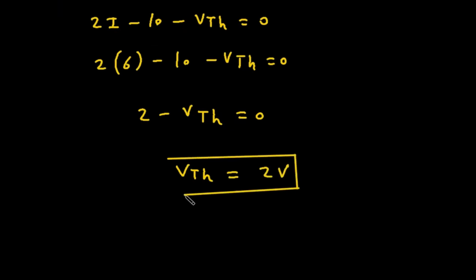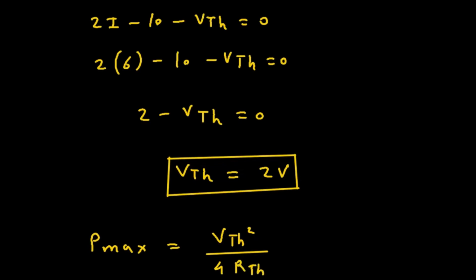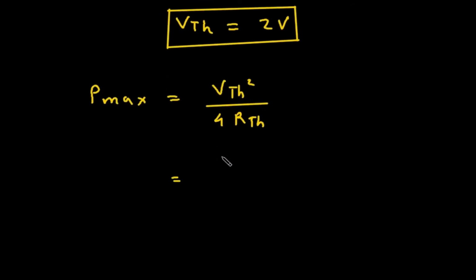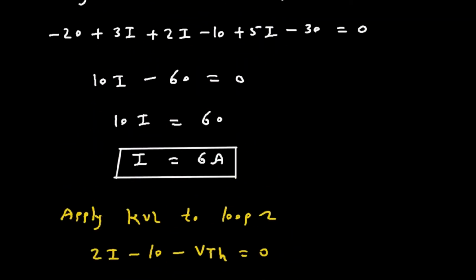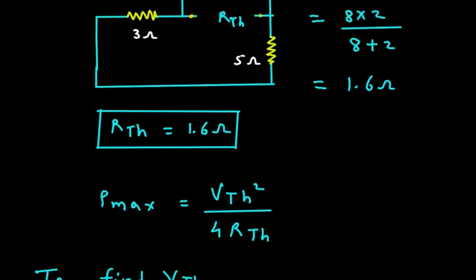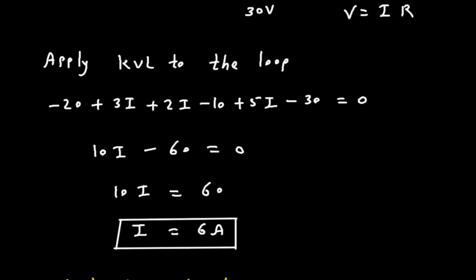Now we have the value of VTH and RTH. From this we can find Pmax. Pmax is equal to VTH square by 4 RTH. Now VTH is 2 square divided by 4 into RTH. This RTH is 1.6 ohm.